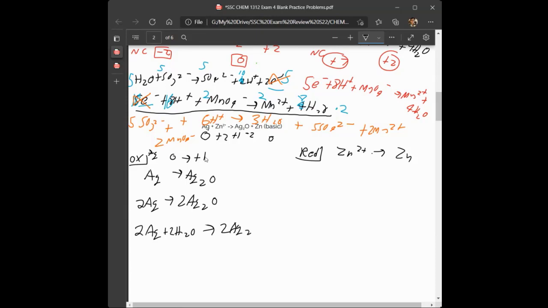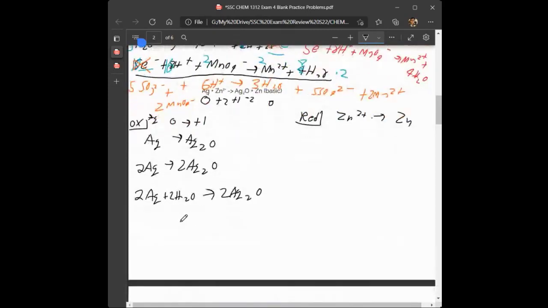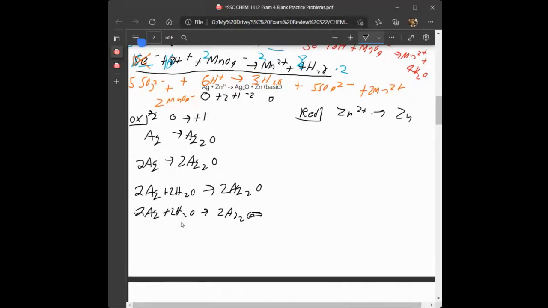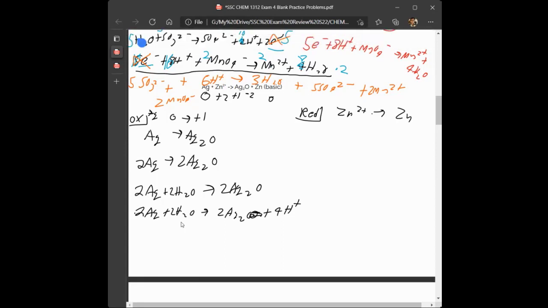Once we do that, I notice there are 4H on the left, and I need to put 4H plus on the right. So 2Ag plus 2H2O yields 2Ag2O plus 4H plus. If I look at the charge on both sides, which is what we're going to move on to, I notice that this one is going to be a 0 charge.